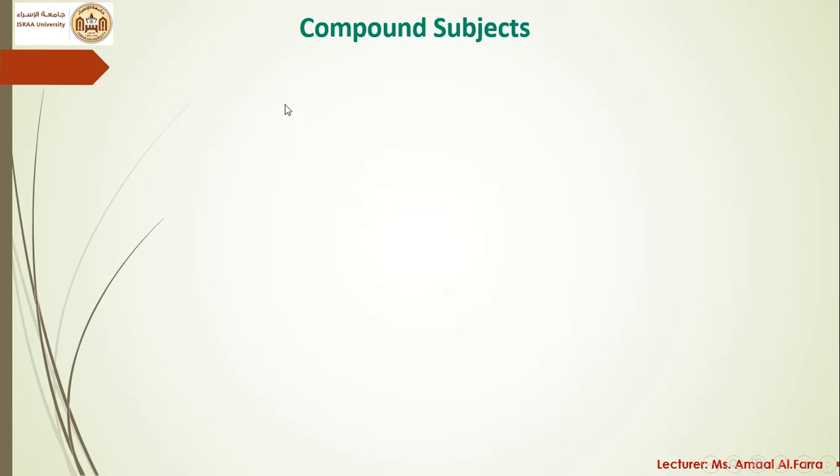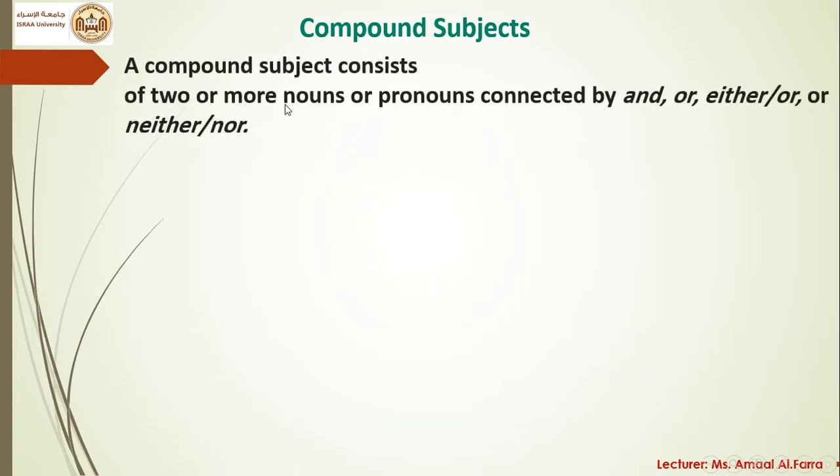Compound subjects. A compound subject consists of what? Of two or more nouns or pronouns connected by what? By and. Okay, so these two nouns or pronouns are connected by and, or, either or, neither nor.